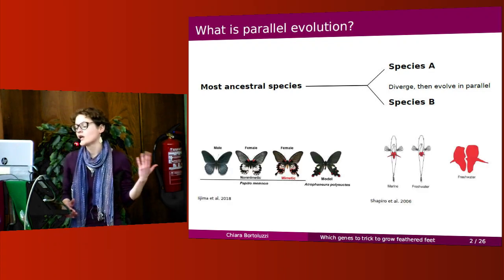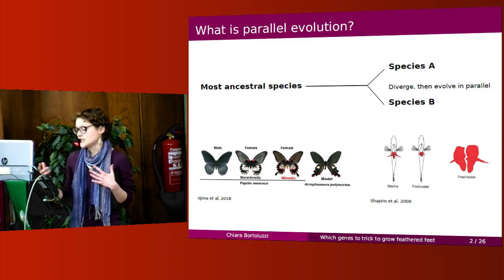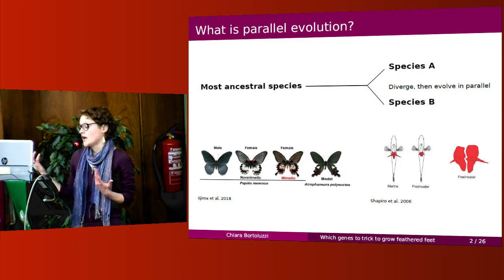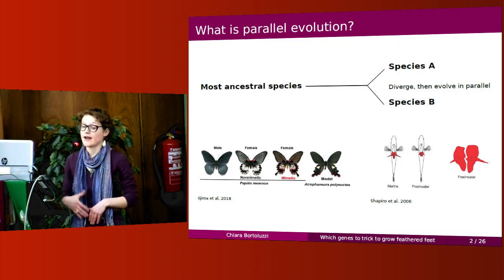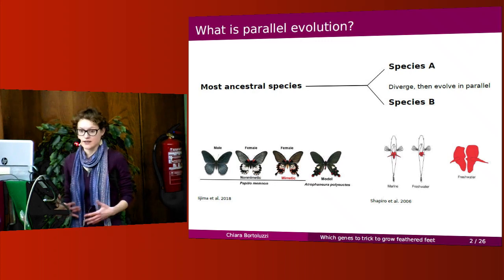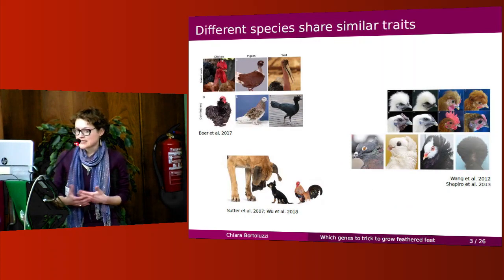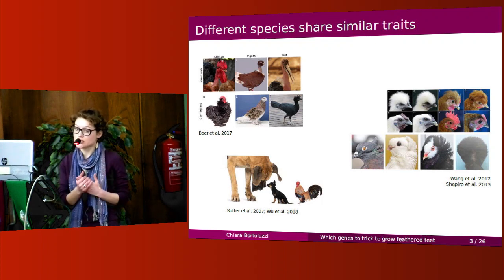We have, for example, similar patterns in butterflies, like in these two species of Papilio. And then we also have, for example, sticklebacks, where the marine and the freshwater stickleback have very similar mechanisms behind the pelvic structure. In the case of domesticated species, we also see many of these similarities in phenotypes between sometimes closely related species.